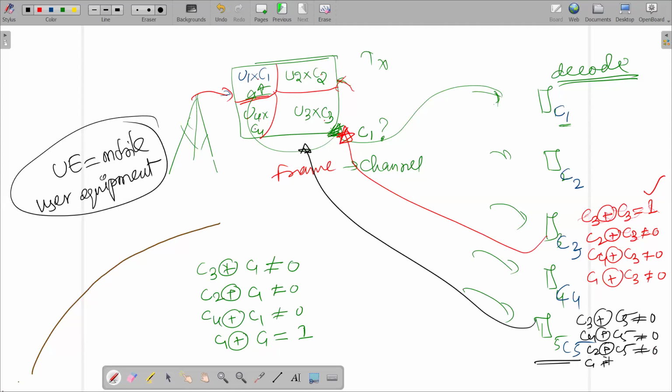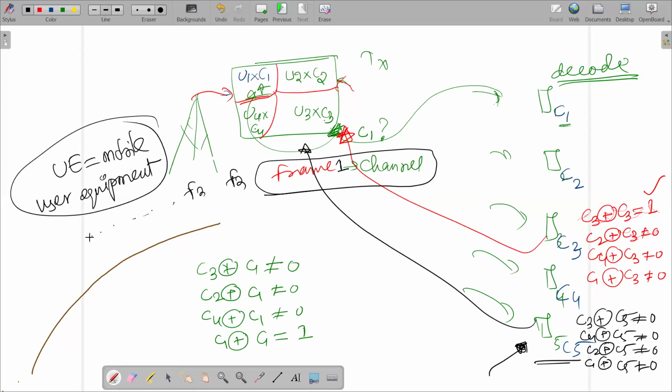C1 convolved with C5, no data. So then this mobile decides that in this frame I didn't get data. My base station hasn't transmitted any data to me in this frame. Maybe this is frame 1, then next frame 2, next frame 3, and so on.